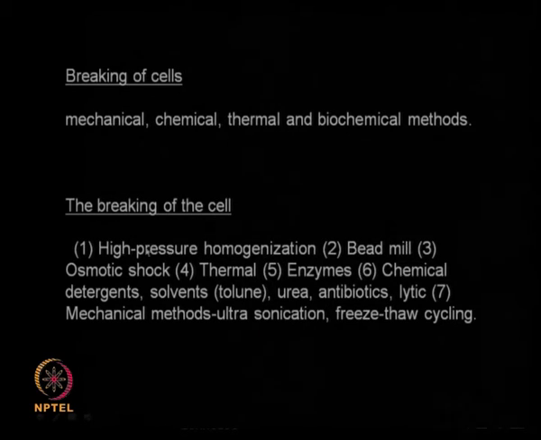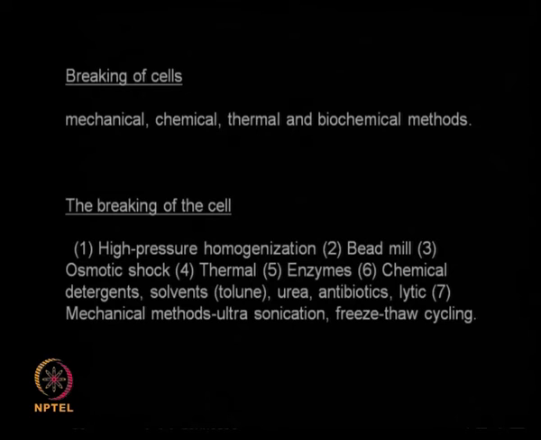Bead mill, you can use osmotic shock, you can use thermal methods, you can use enzymes, you can use chemical detergents, that means certain anionic or cationic surfactants, you can use solvents like toluene, you can use urea, you can use even antibiotics, lytic agents, you can use even ultrasonication, freeze thaw cycling, that means you cool it and then you heat it, you cool it and heat it, so that is called freeze thaw cycling. So by doing that you may be able to break.